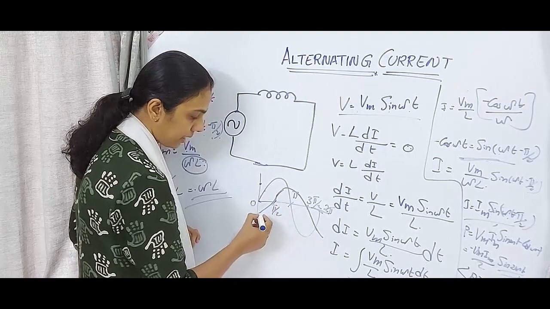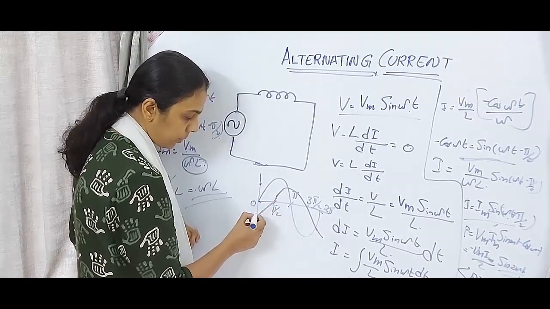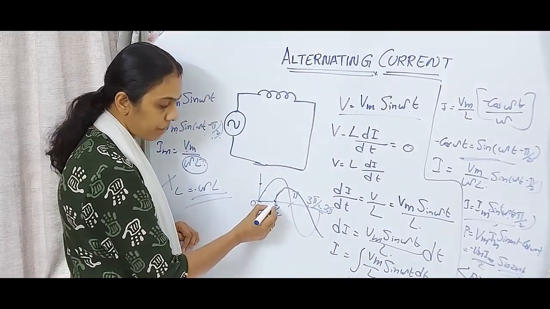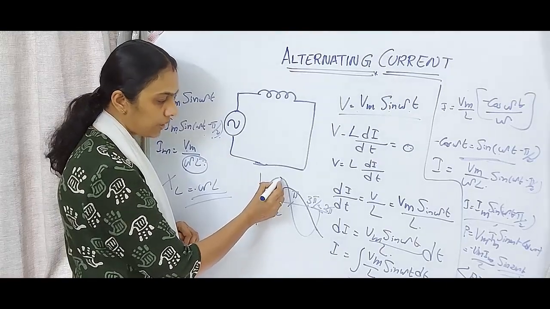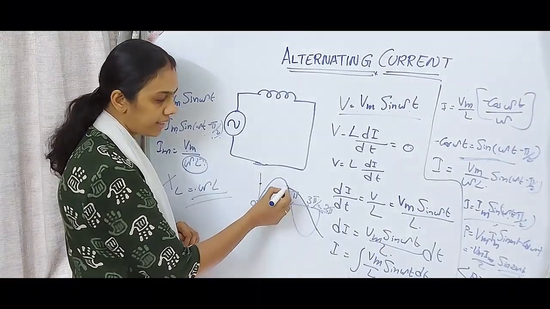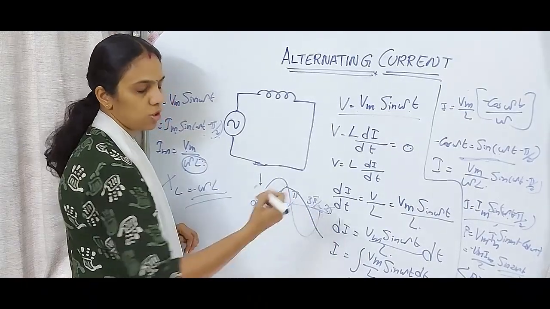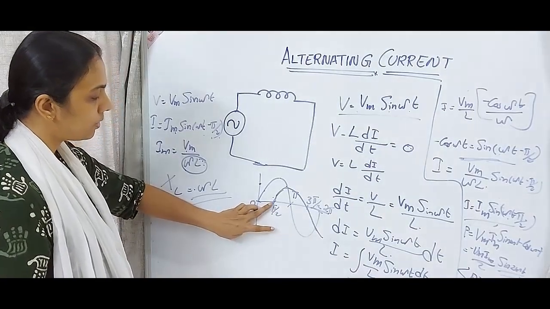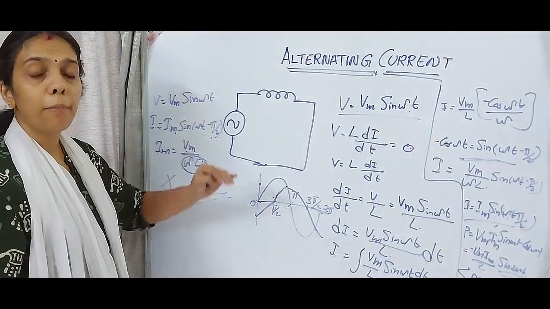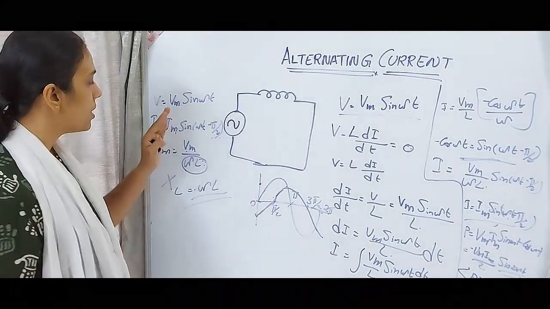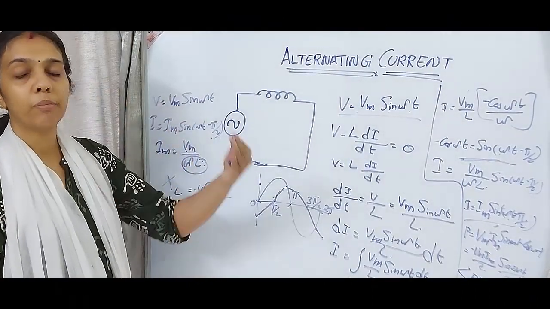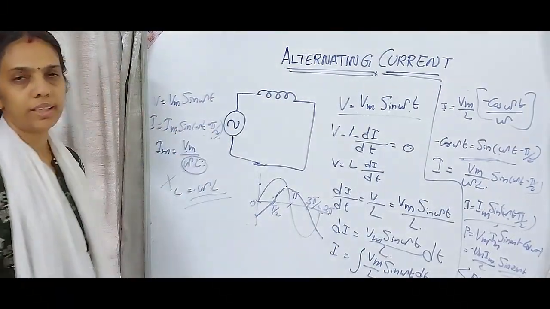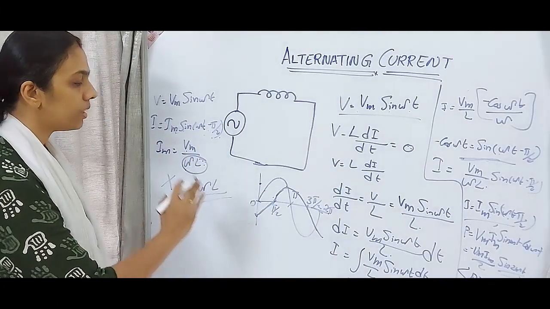At 0 it is minimum, at pi by 2 it is maximum, and at pi it is again minimum. Here, when you take these two, the same value happens pi by 2 behind. So the current is pi by 2 behind the voltage. Clear, children? So this is about the diagram.